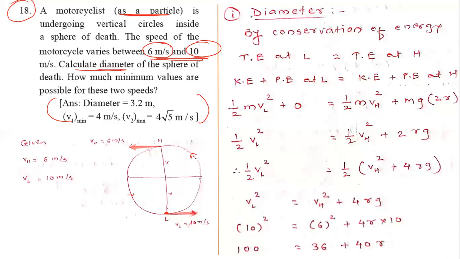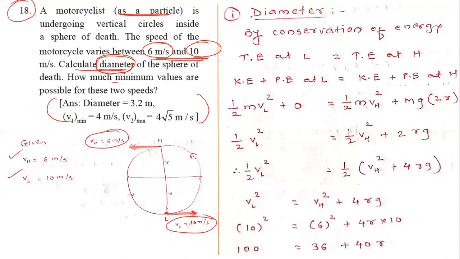So these are the two values of the speed you can see. Here they have given speed at highest point and speed at lowest point. And by using that we have to find out diameter. So we find out radius and we double that, we get the diameter.